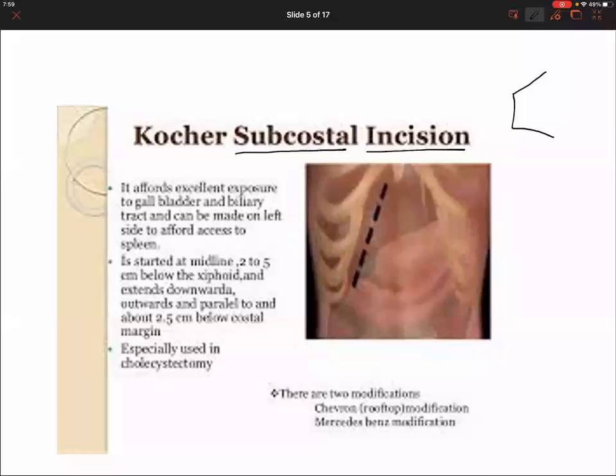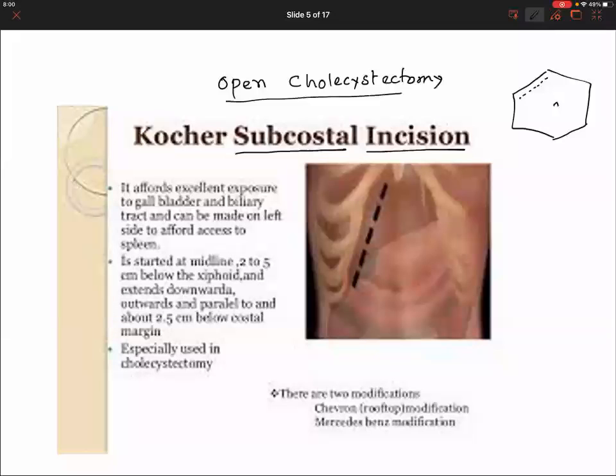Cocker's subcostal incision. Which operation is done by this procedure? Very commonly asked in your syllabus. This is open cholecystectomy. The details are not for today's discussion. This is called Cocker's subcostal incision. What is the organ that is exposed? Gallbladder, bile duct and some liver.